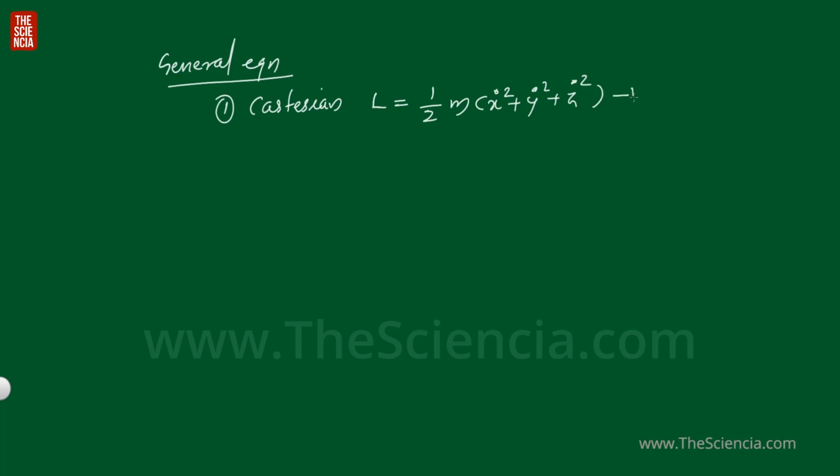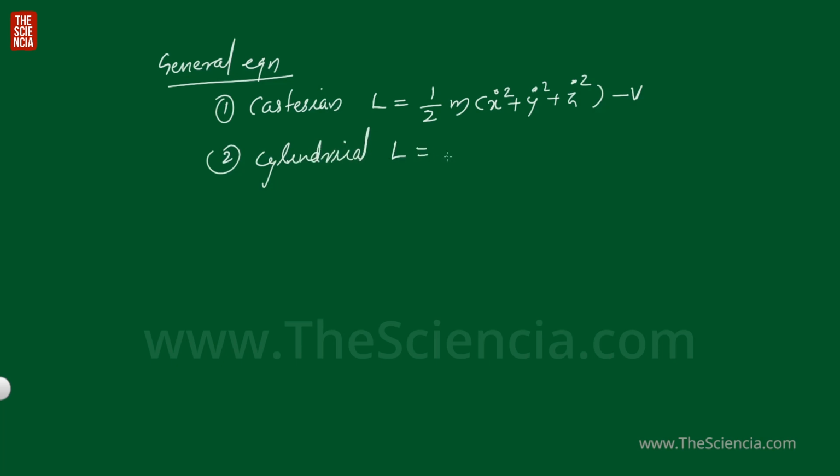Right now, I know you are masters in constructing the Lagrangian from general equations. What is the general equation for the Cartesian coordinate system? Lagrangian L equal to 1 by 2 m times x dot square plus y dot square plus z dot square, minus V. And what is the general form in the cylindrical coordinate system?